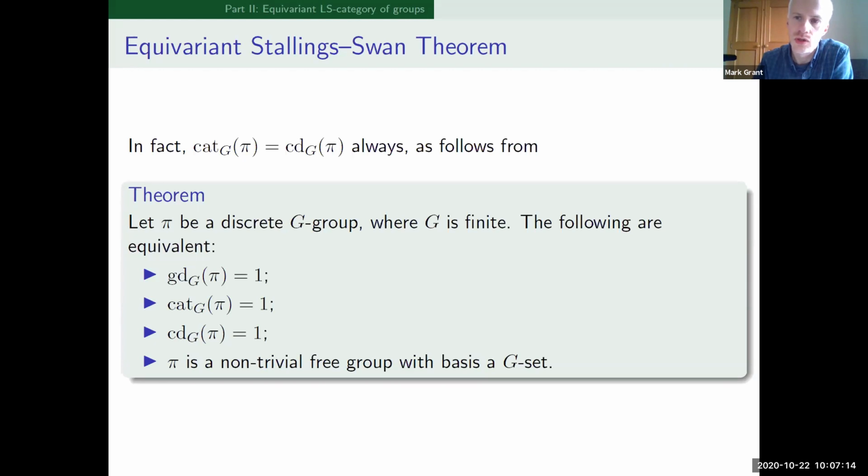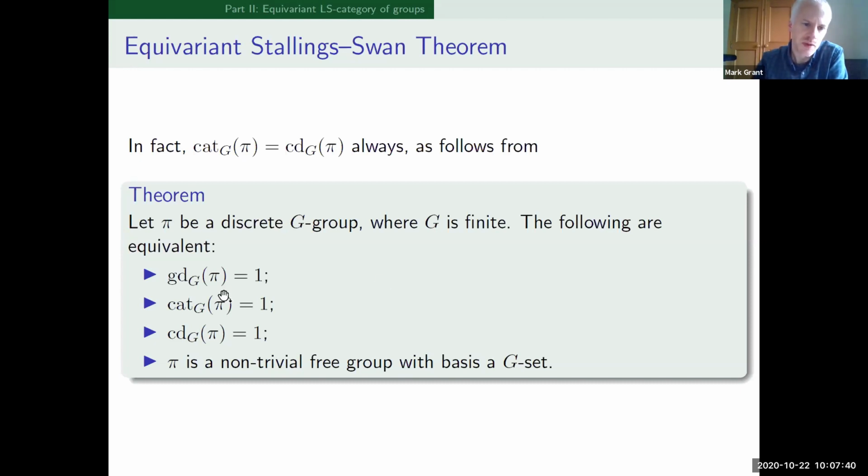So Stallings and Swan proved that a group has cohomological dimension 1 if and only if it's free, and that's easy to see to be equivalent to having a one-dimensional classifying space. So we were able to do the same thing for these equivariant versions, at least in the case when the group acting is finite.